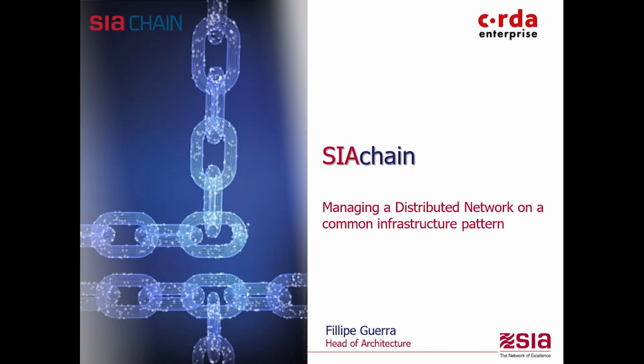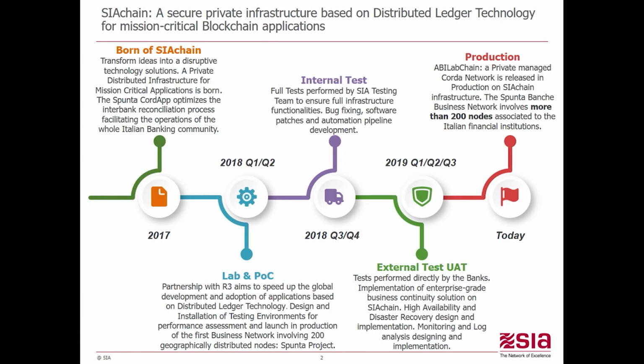So you have the usual availability, the usual backup and disaster recovery, mixed with the distributed ledger technology. It's super tough. We are still improving the high availability of the infrastructure, but it's up and running and online right now. So what is SIA Chain actually?